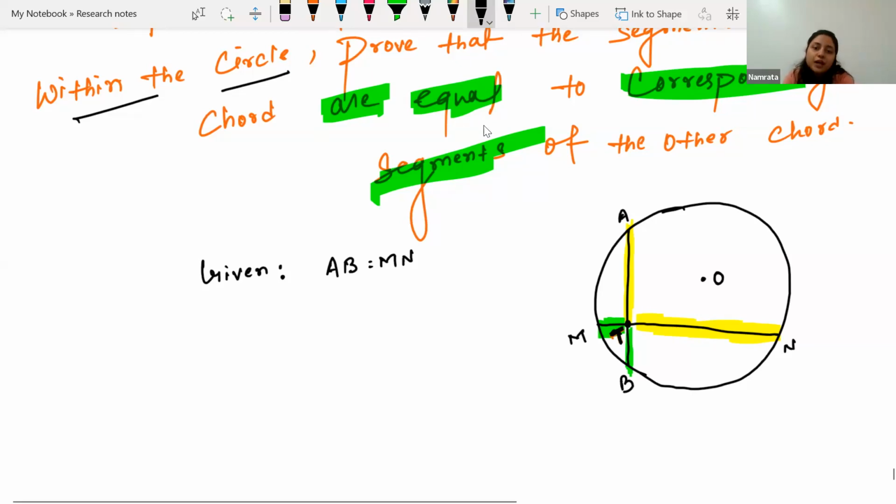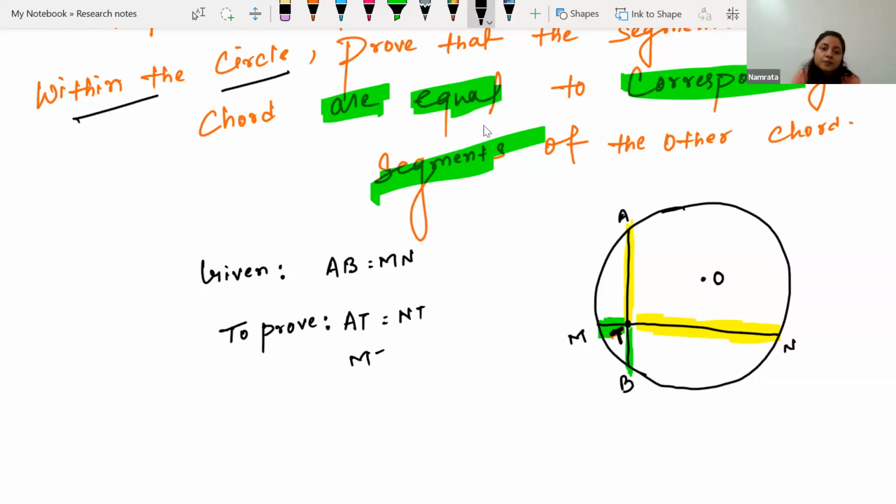We have to prove that the yellow one, that is AT, is equal to the yellow one over here, that is NT. And we also have to prove that the green one over here, MT, is equal to the green one over there, that is BT.